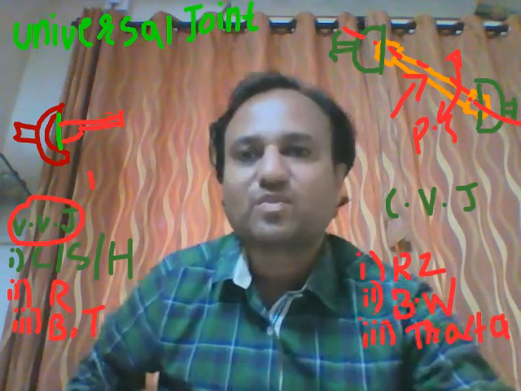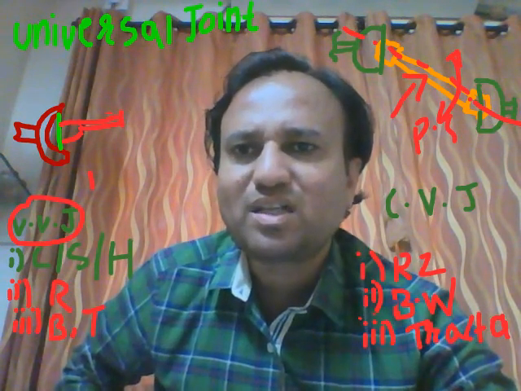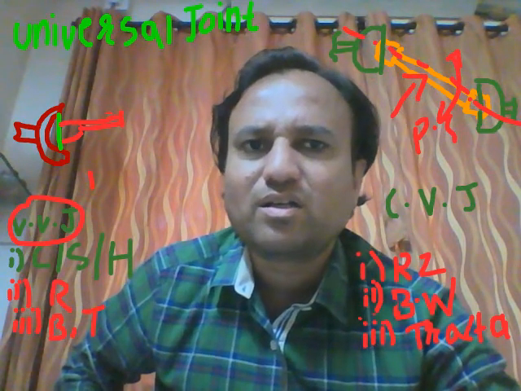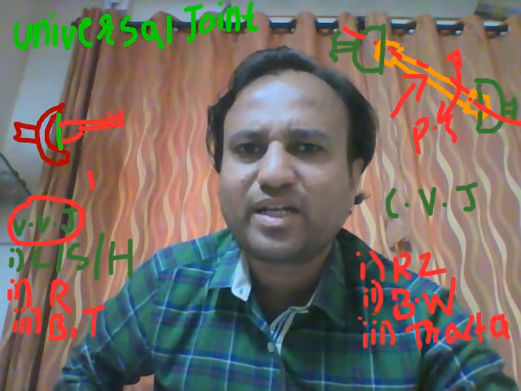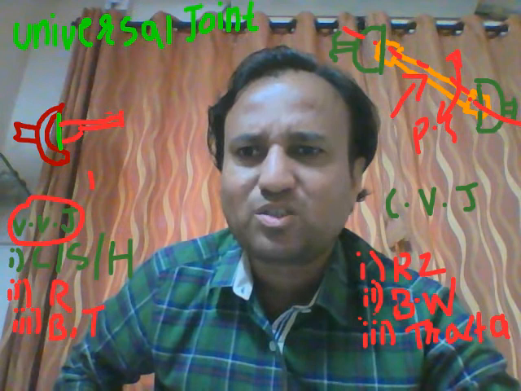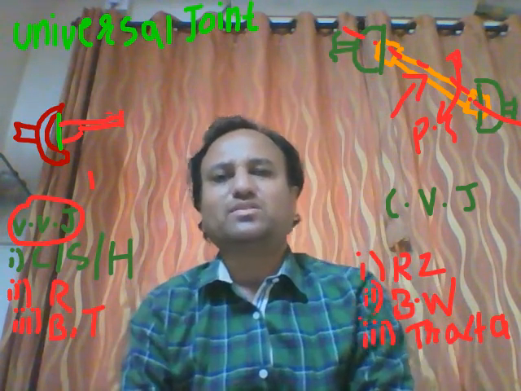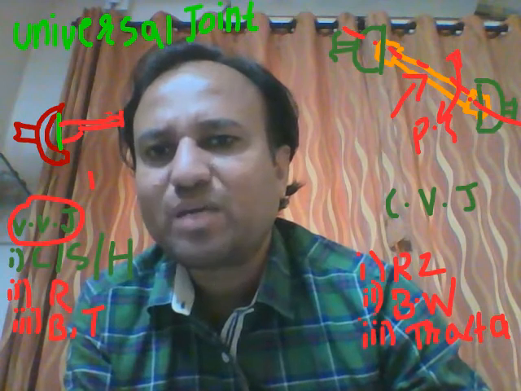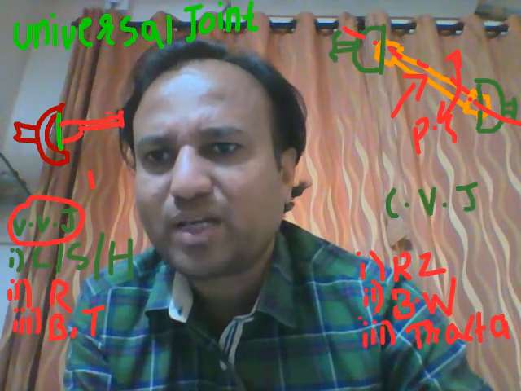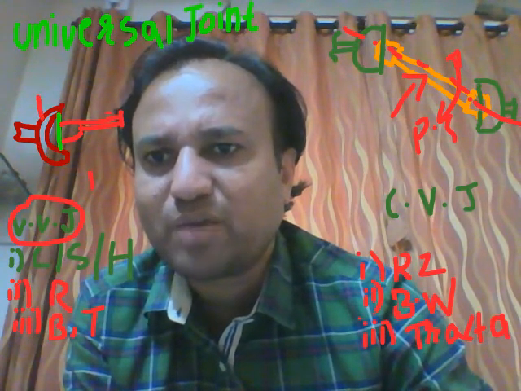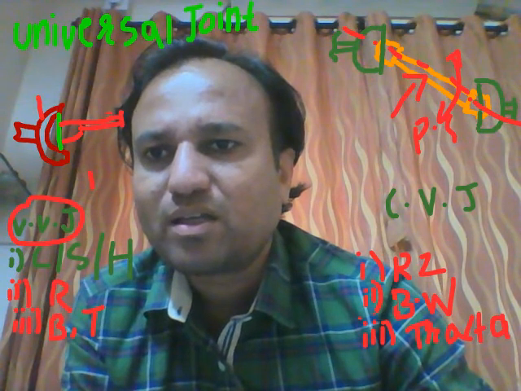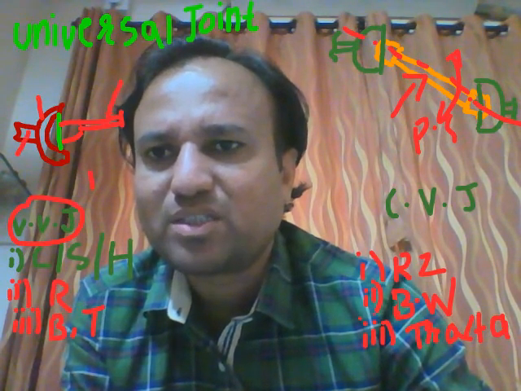Generally, a universal joint connects two shafts. Three important components are required. One element is connected to the driving element. Suppose this is the driving shaft, and this is the driven shaft.